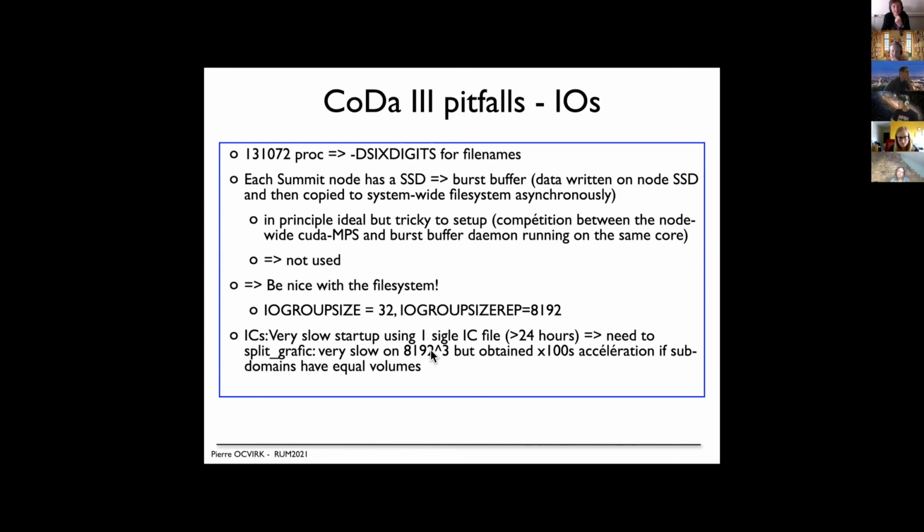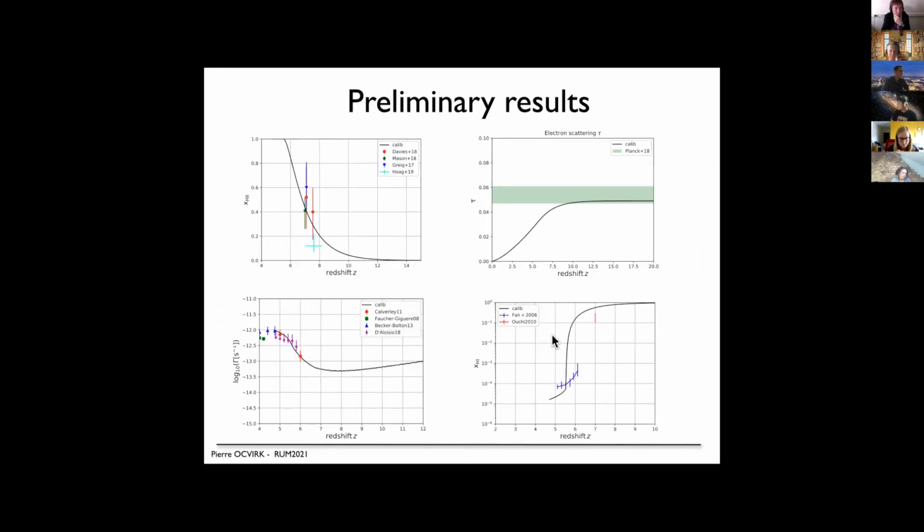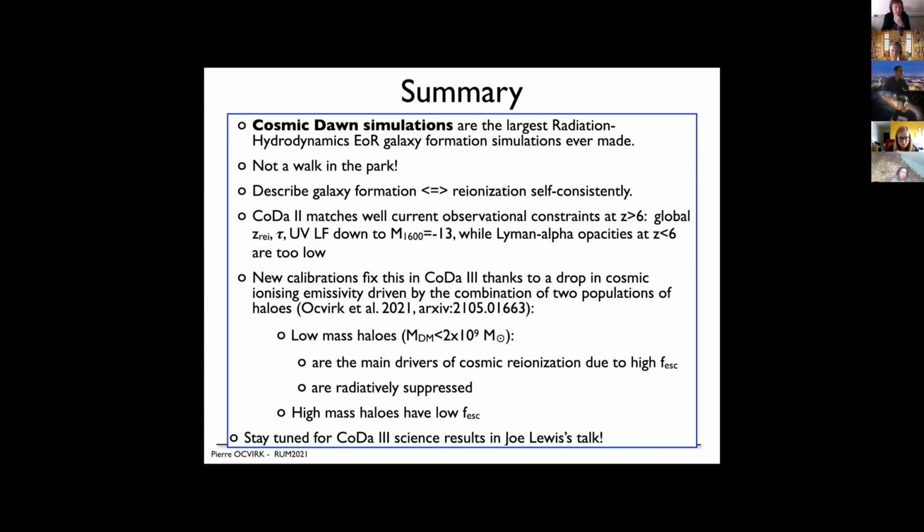It was very slow if you use the version which is in the main trunk at the moment, but you can accelerate it by a very significant amount when you have equal volumes as computational subdomains as we have here. Okay, that's my conclusion here.